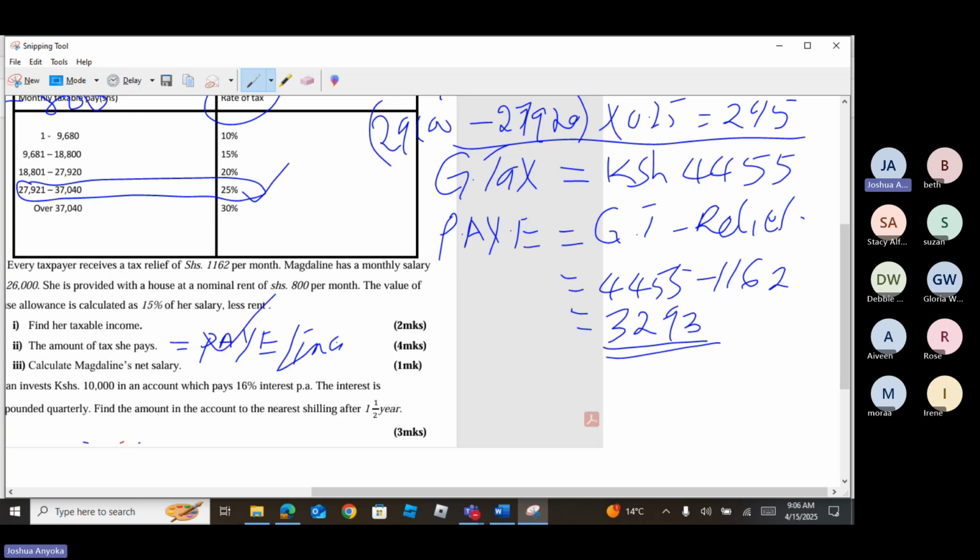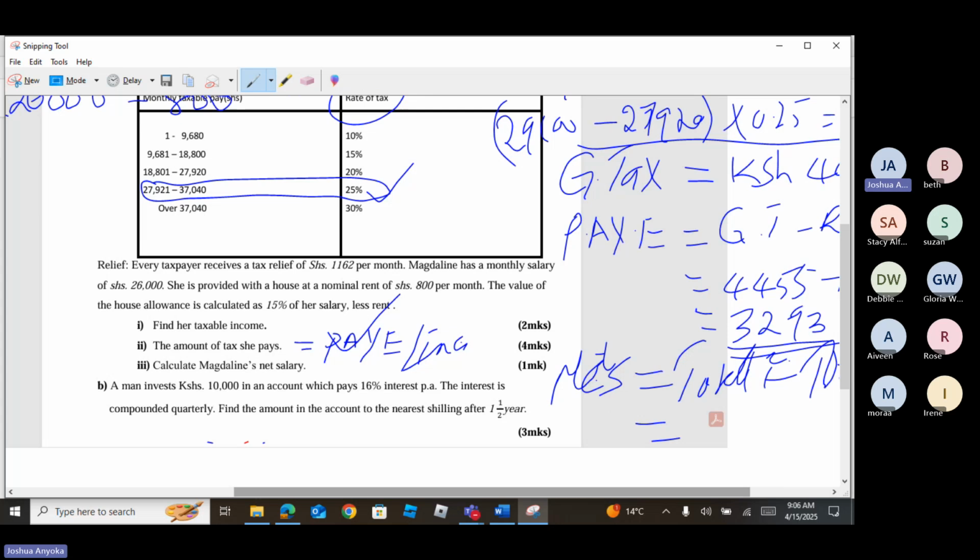Roman 3, calculate Magdalene's net salary. We said net salary is equal to total earnings minus total deductions. We get back to the equation and recalculate what this person is earning.